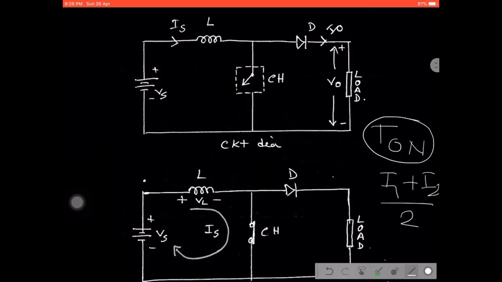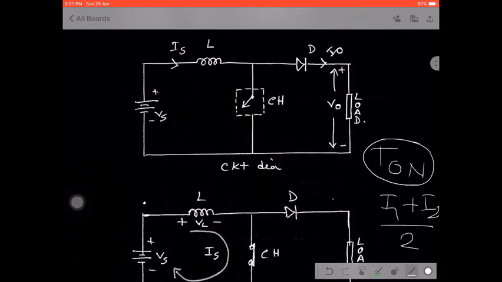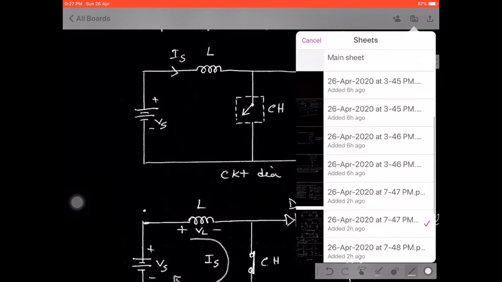During T off, the current again falls from I2 to I1, and the average current is again (I1 + I2)/2. I have done a similar thing in the expression.